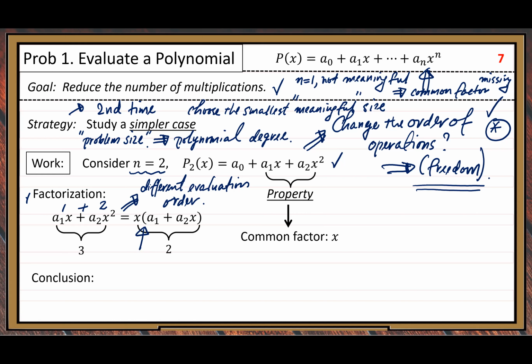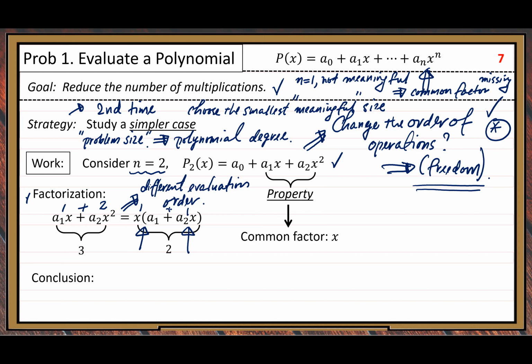The parenthesis is a number. To find the value of that parenthesis number, we only need to do another multiplication between a2 and x. So the total, 1 plus 1 equals 2. 1 here, 1 here, 1 plus 1 equals 2.